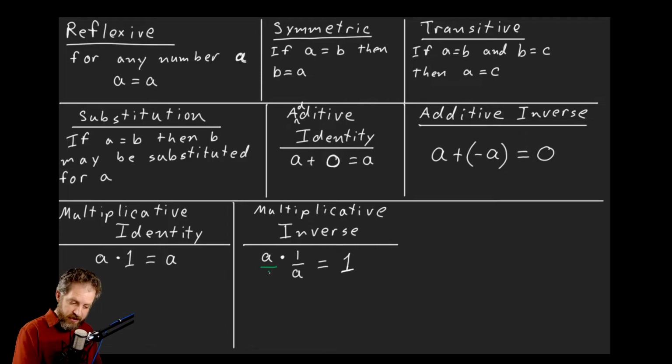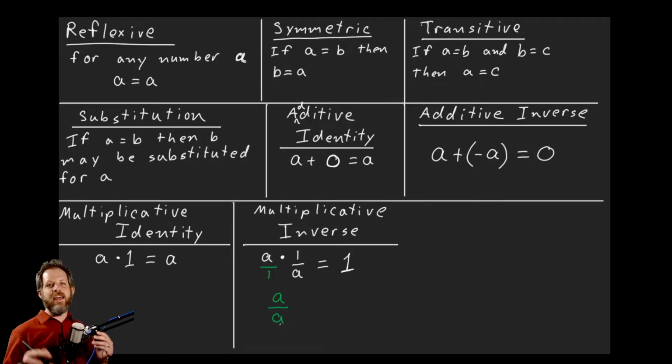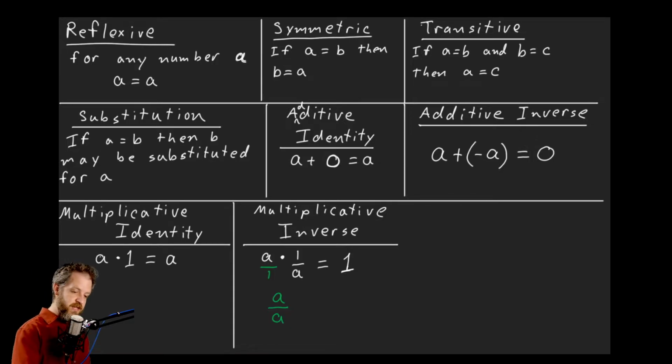Well, first we'd have to turn this into a fraction, put it over 1. A times 1 is A, and then 1 times A is also A. And A over A, anything over itself, is 1. And so that's why the multiplicative inverse is multiplying it times 1 over that thing, flipping it over. We also have another name for the multiplicative inverse, and that's the reciprocal. If you've heard of the reciprocal before, the multiplicative inverse is just a fancier name for a number's reciprocal.